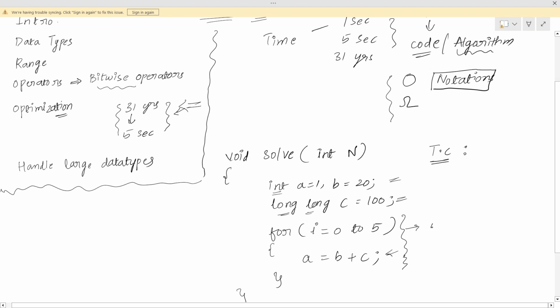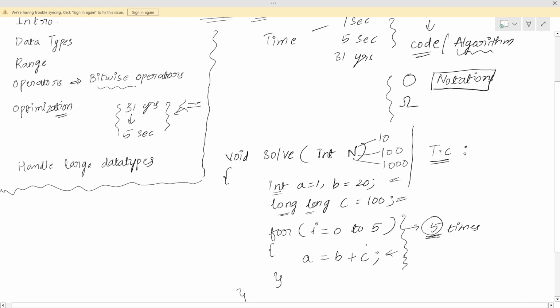You can clearly check this for loop is running for 5 times. Now if I change my n value to 10, how many times will my for loop run? It runs only 5 times. If I change my n value to 100, it will again run only 5 times. If I change it to 1000, again it runs only 5 times.